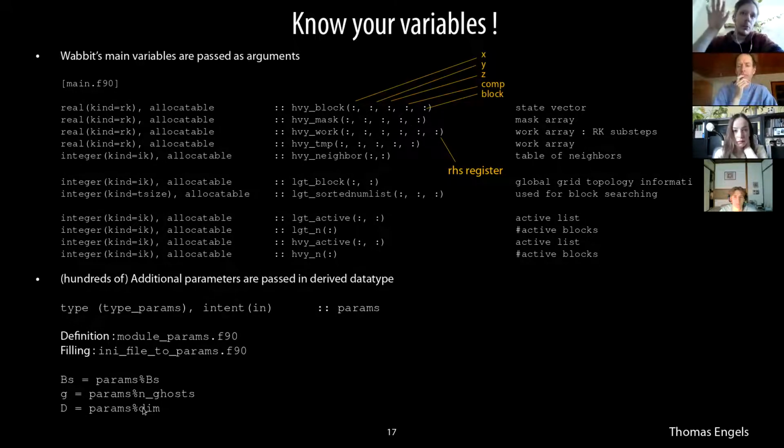We did a better job in this code than we did in the Flusi code, for example. We do not have these global variables everywhere in the code. So most of what we use is either passed as an argument or in this params data type, and only the precision, this kind parameter RK and IK and T size, for example, they are really global in the code in the module called module globals.